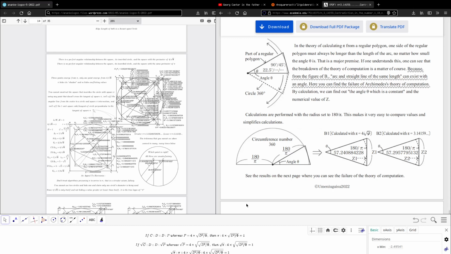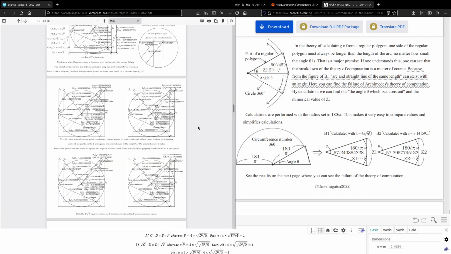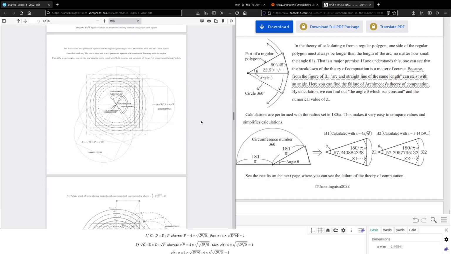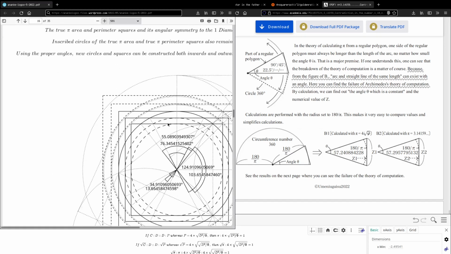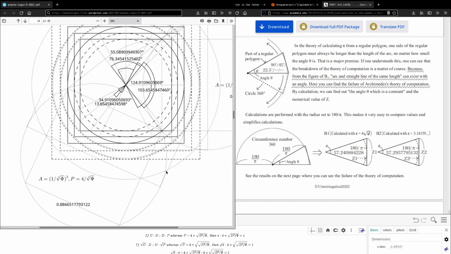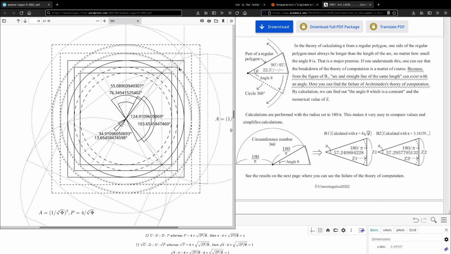That's not what I'm doing. I've not only done that, I also arrived at the angles of not only the area square, but also the circumference square, or perimeter square of the circumference.